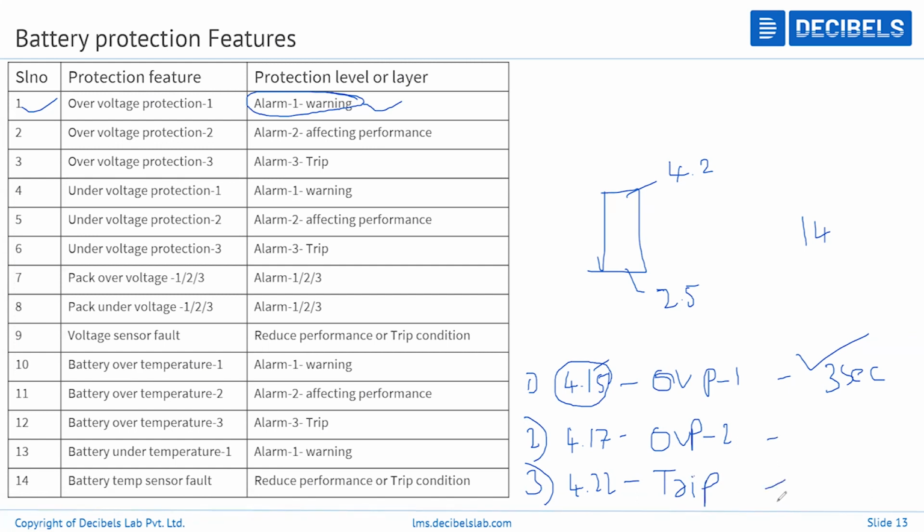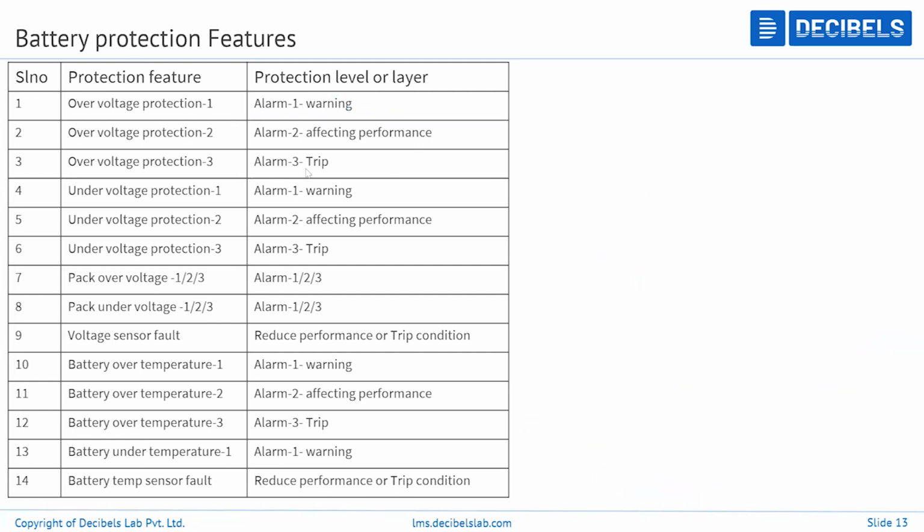So this is how these protection alarms work at different levels. The same thing applies for under voltage, levels 1, 2, 3, and even for pack over voltage and pack under voltage.